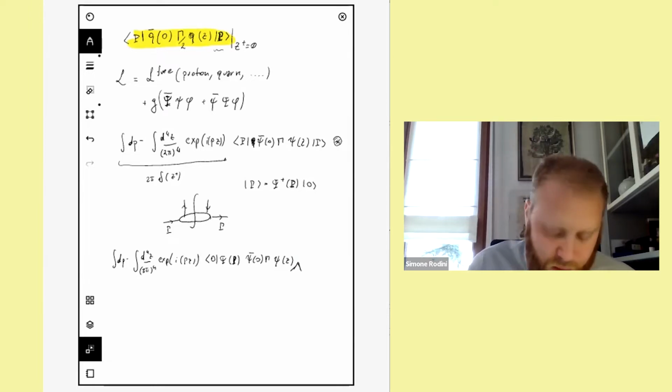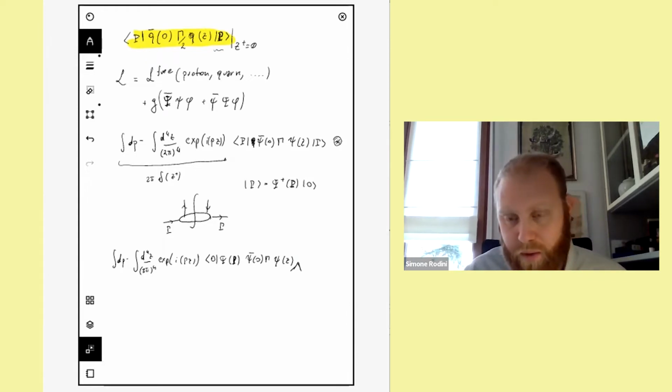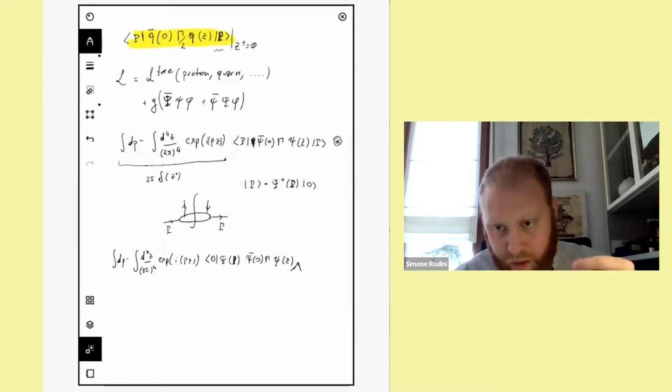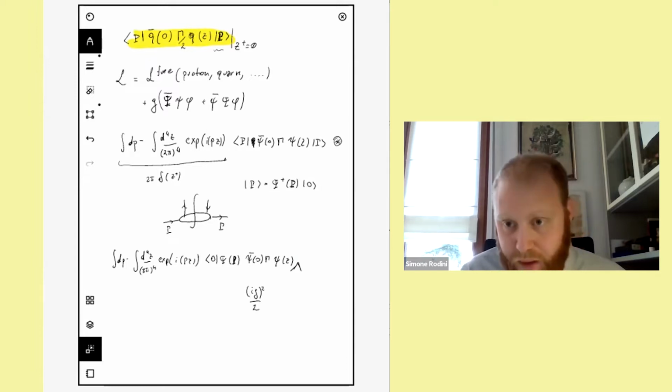Basically in the model you need 2 vertices, because you have to saturate both psi bar of 0 and psi of z. So you get i g squared over 2, where the 2 is the symmetry factor because you have two integrals in the expansion of the exponential, and i g squared is just the coupling.